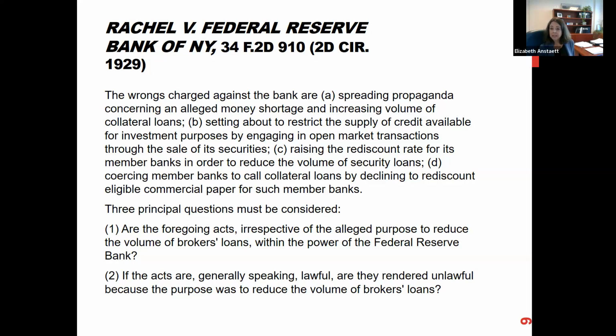They were raising the discount rate. And they were coercing, which honestly is also what they do, member banks to call loans. And so there was a challenge that this was negatively impacting the economy and this individual.